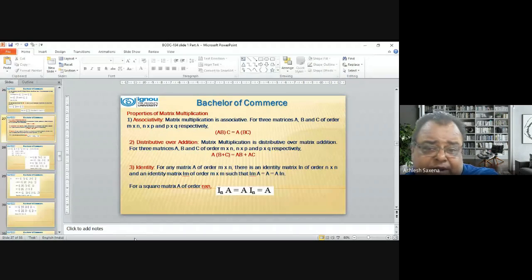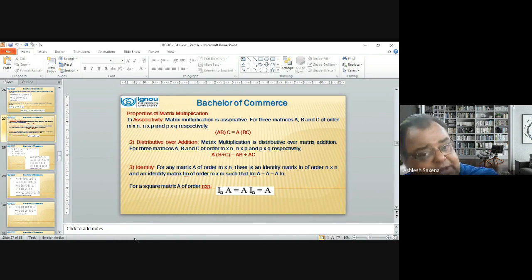What are the properties of matrix multiplication? Associativity. Matrix multiplication is associative. That means if you multiply AB first and multiply the answer with C, you will get the same as if you multiply B and C first and then multiply A with the product of B and C. But it has to be in this order only.